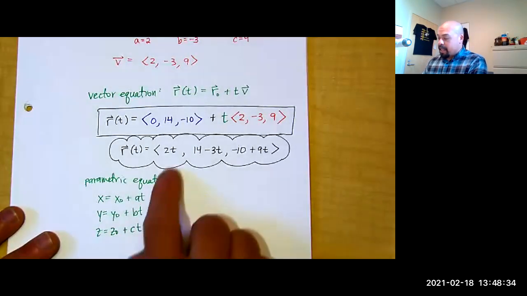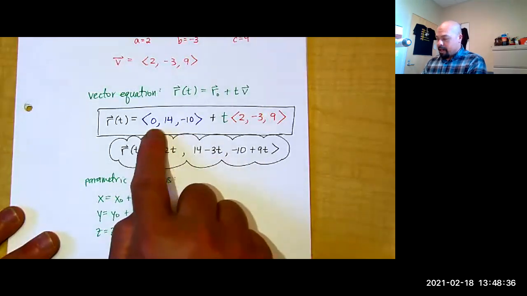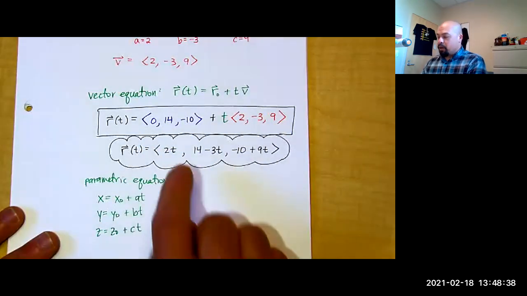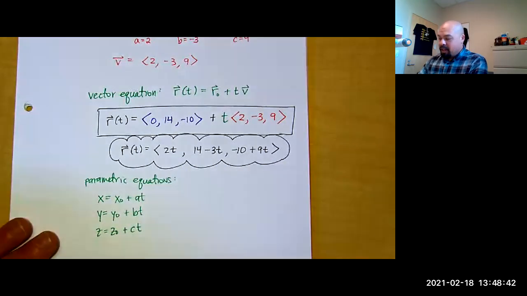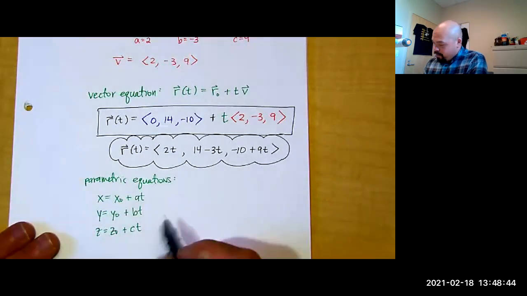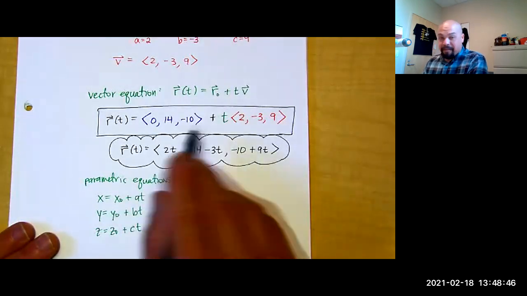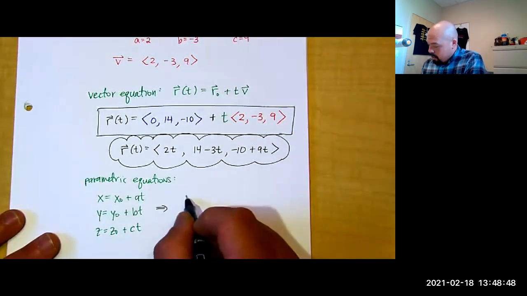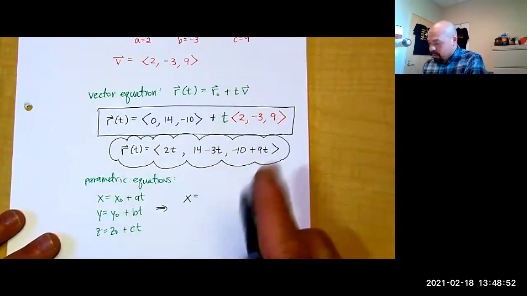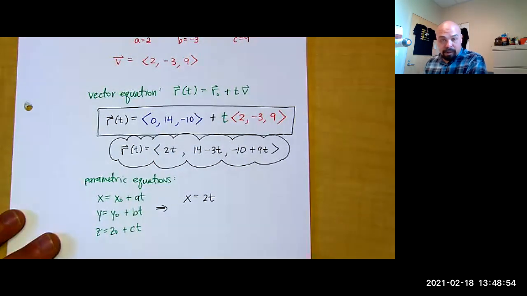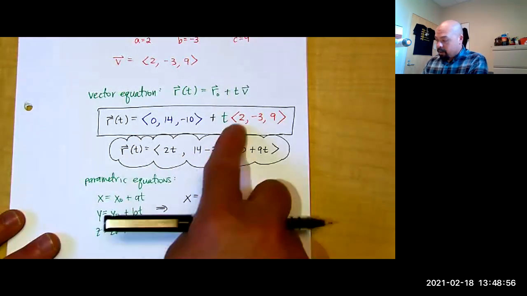And so basically we're just taking those components, and it's identifying this is how I'm getting my x, this is how I'm getting my y, this is how I'm getting my z. All we're really doing is transferring from that vector form. X is going to be 0 plus 2t. We'll simplify down and just call it 2t, just like we did up here.